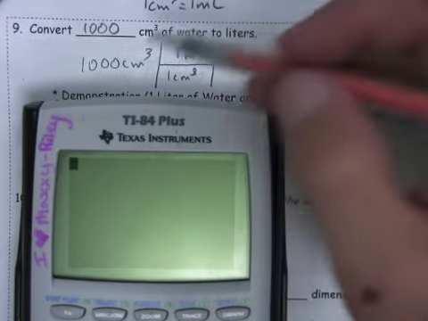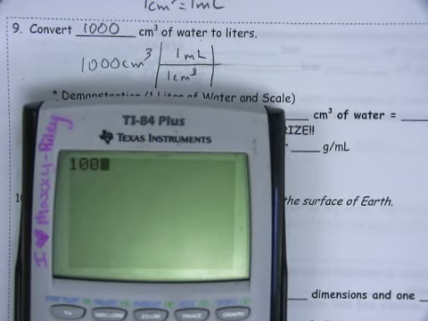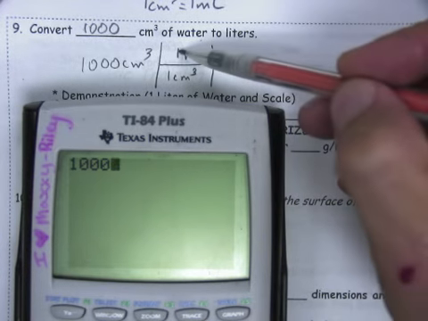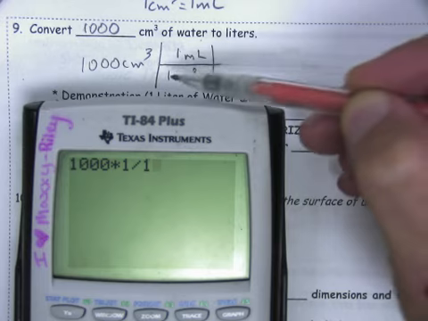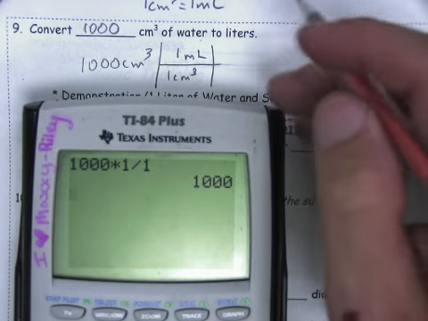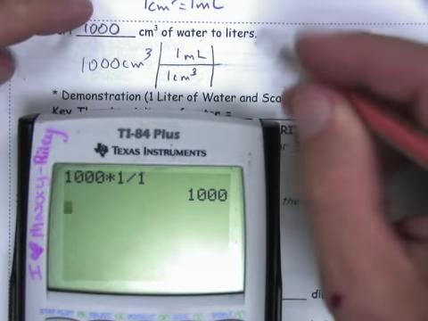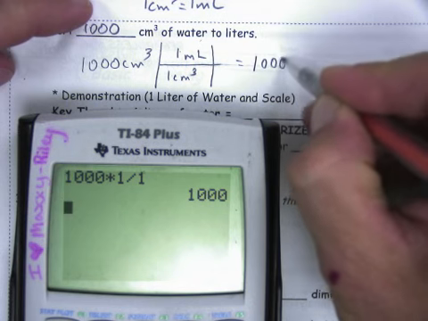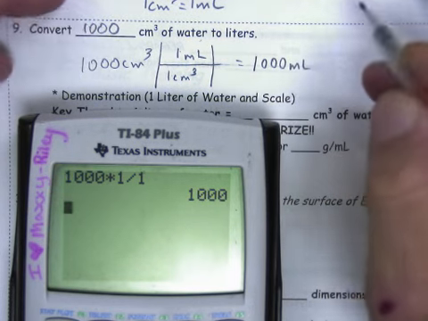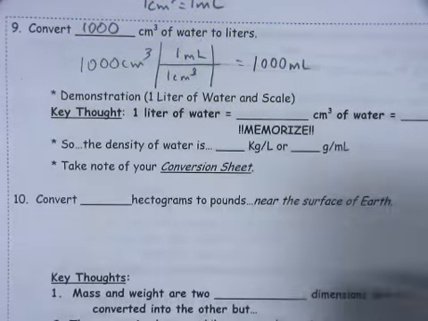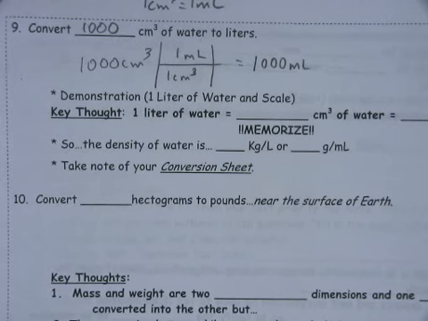So I've got 1,000 here. Notice what I did. I'm multiplying times 1 and dividing by 1 down here. So the first part of the answer is 1,000 milliliters. But I don't want the answer in milliliters. I want it in plain Jane vanilla liters.